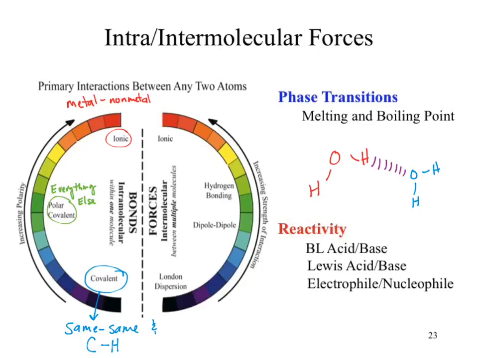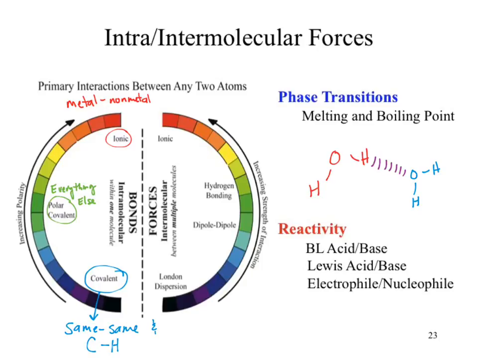It's too much. What's happening when we look at our interactions between any two atoms? It's too much to say they're all as one big thing. What we've done is arbitrarily cut lines and said at this point we are red, at this point we are orange, at this point we are yellow. Same thing is happening with our intermolecular forces and our bonds. Those then subcategorize into our different types of bonds and our different types of forces.